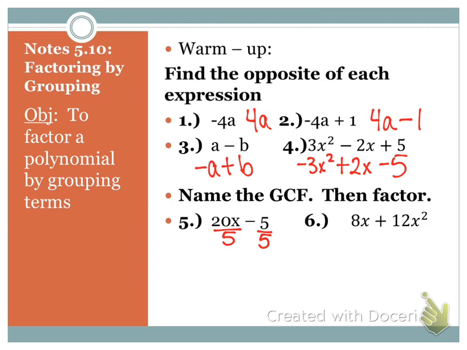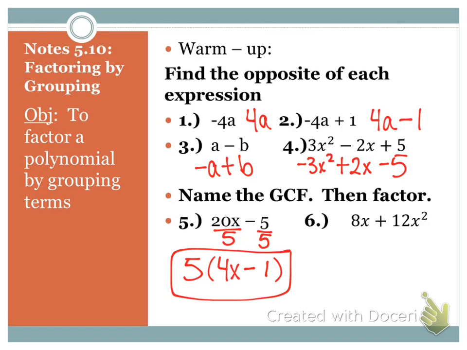So when I factor a GCF, where does it get written? Outside a set of parentheses. Good. And what goes in those parentheses? Keon? 4x minus 1. So remember, even though those 5s reduce or cancel each other out, we still have to put a minus 1 there. Otherwise, we're changing the problem if we just leave it off.